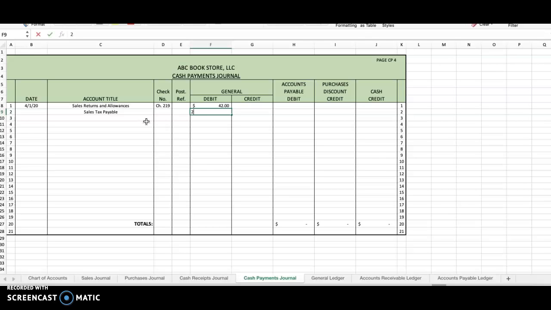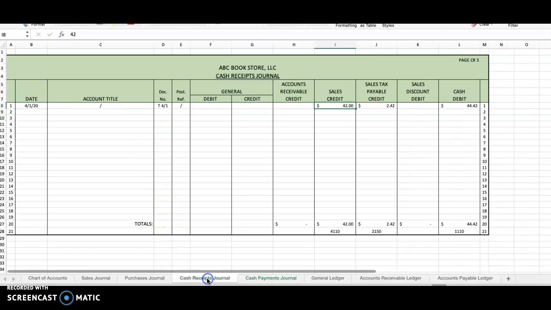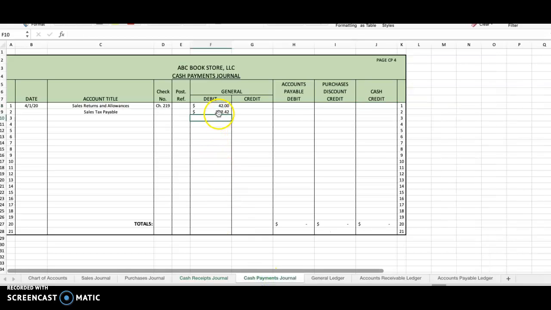So that amount was $2.42. If we looked back in the original entry, we credited sales tax payable by $2.42. Now we need to nullify that and make it balance out to 0. So that's why we debit $2.42. And then cash gets credited by the full amount.